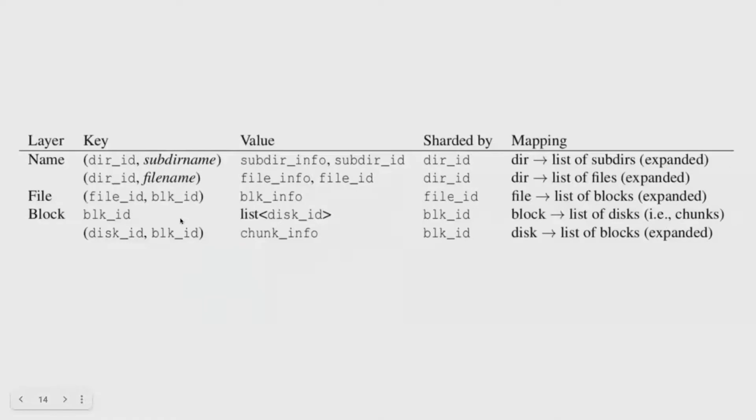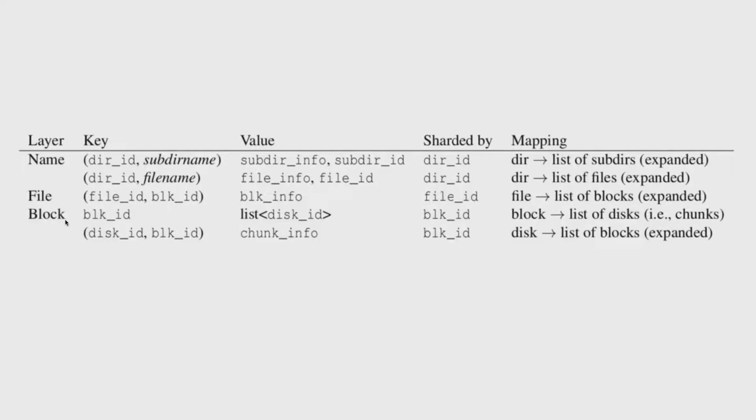If you see this table, it shows the different metadata layers and what they map and how they are sharded. The name layer maps each directory to its subdirectories and files. The file layer maps file objects to a list of blocks, and the block layer maps each block to a list of chunk locations.